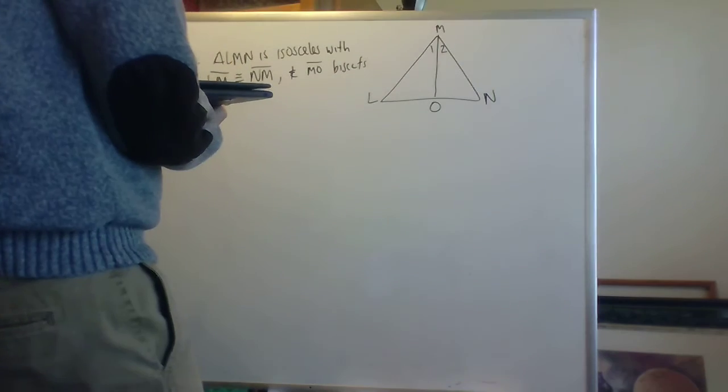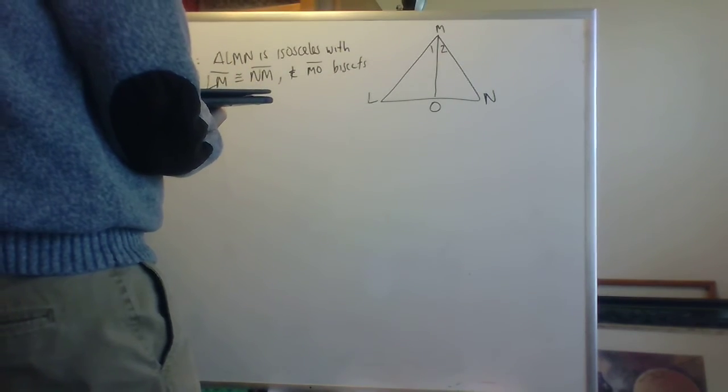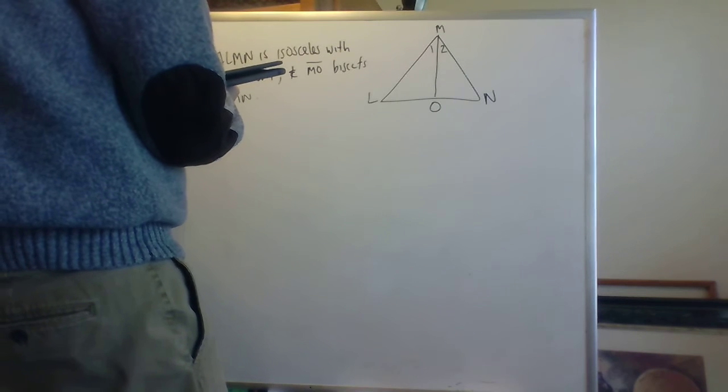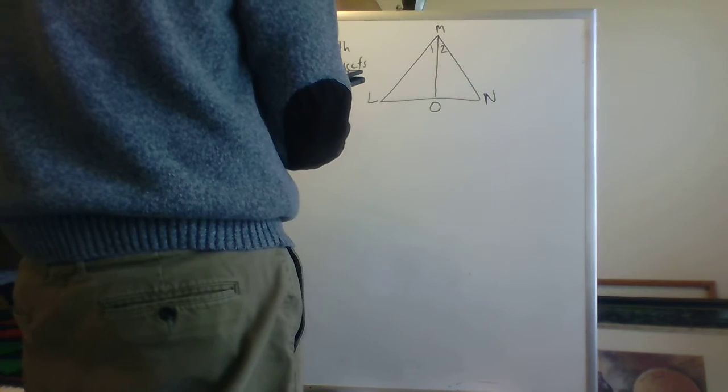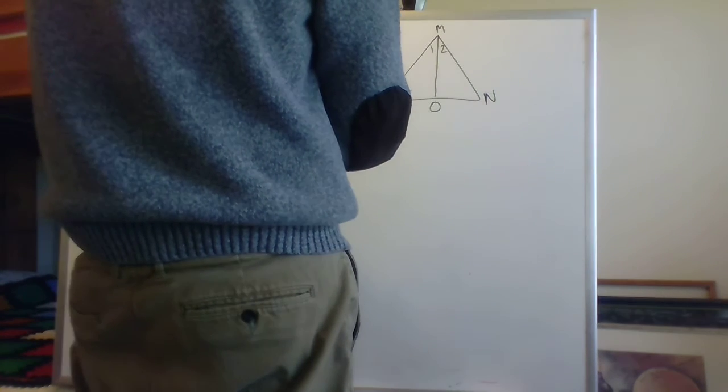And it wants us to prove that triangle MLO is congruent to triangle MNO.